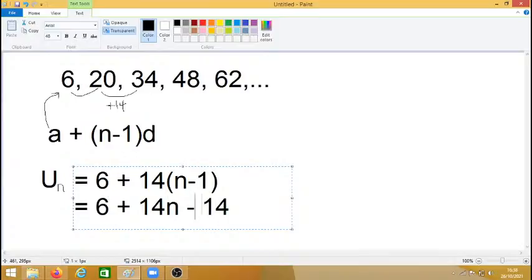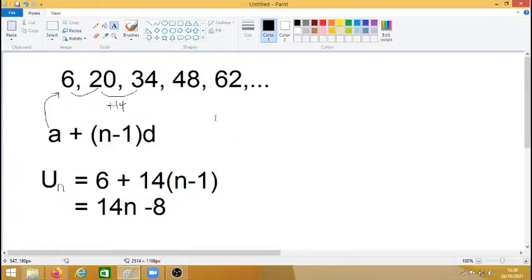And then the 6 and the minus 14 can be joined together. So that would make minus 8. And then the minus 8, it's better to have a negative number come afterwards. It's nicer to look at. So 14n minus 8.